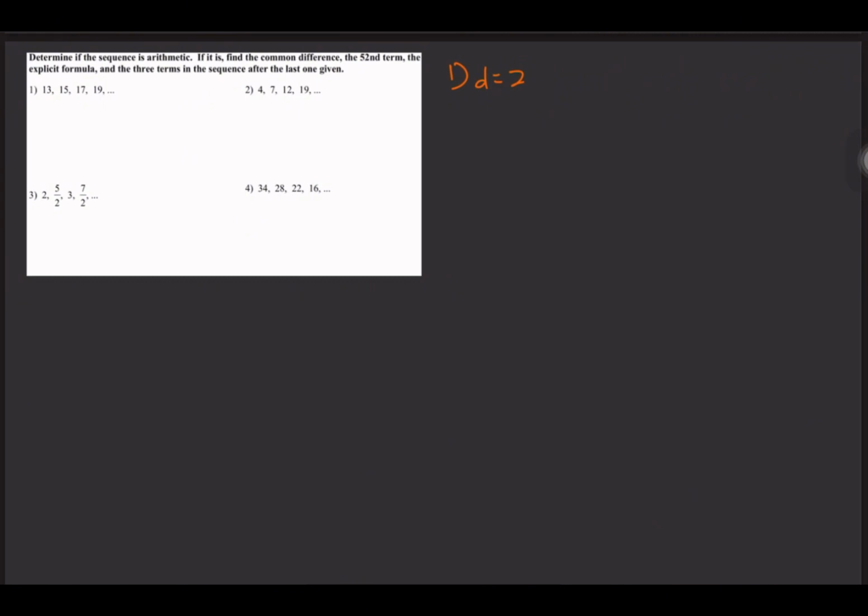For the 52nd term, A52, remember that the formula is to take the first term plus the difference multiplied by the number of terms minus 1.